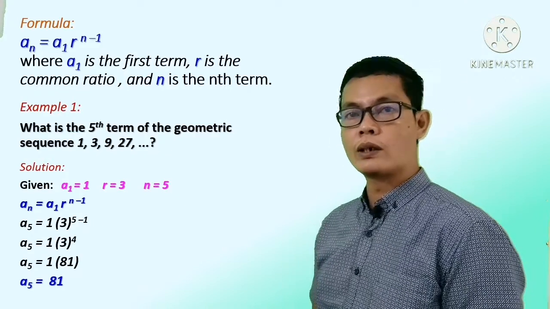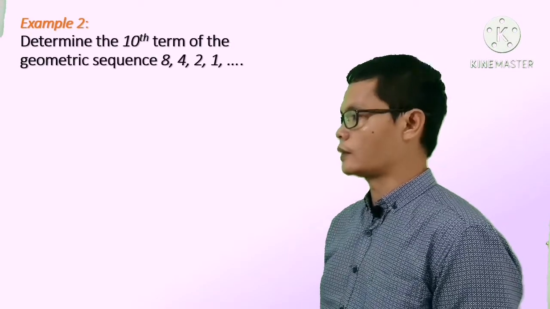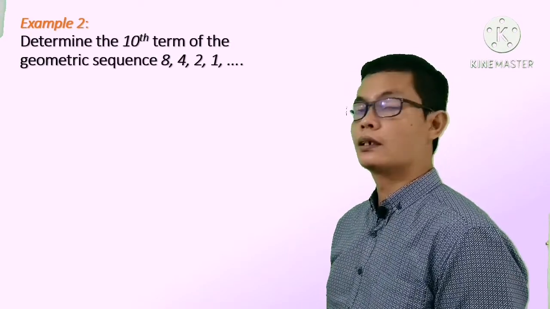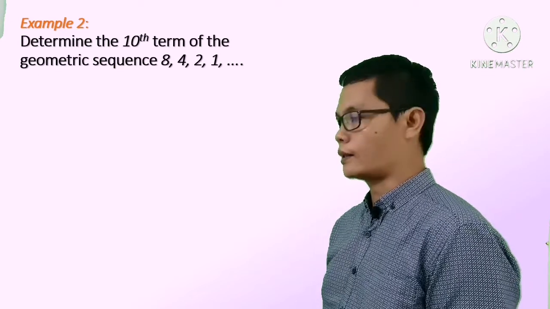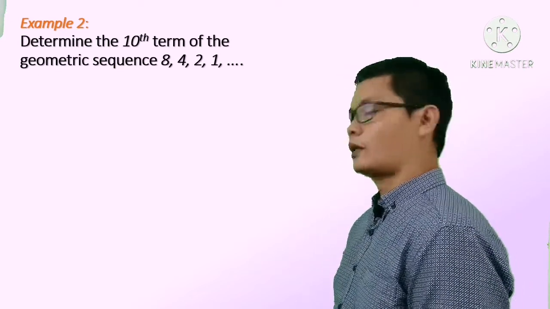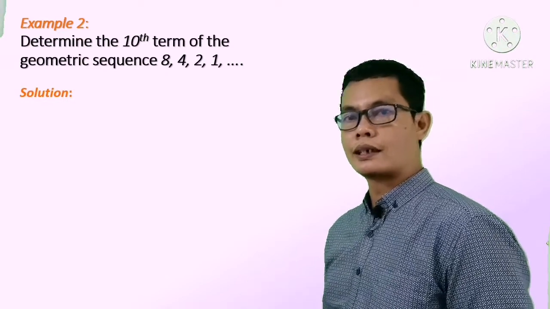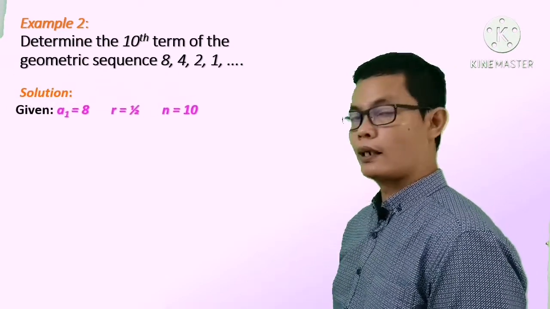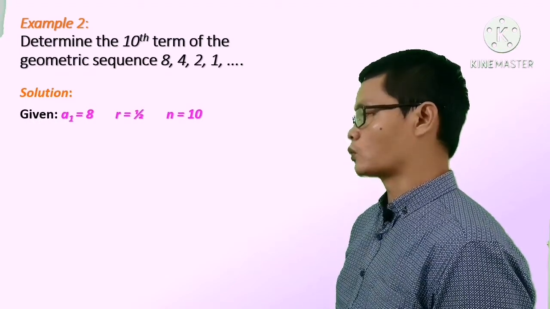And now we will have the second example. Determine the end term of the geometric sequence 8, 4, 2, 1, and so forth. So same procedure, gagamitin lang natin yung procedure doon sa example 1. We have given a sub 1 equals 8. The value of common ratio is 1/2.